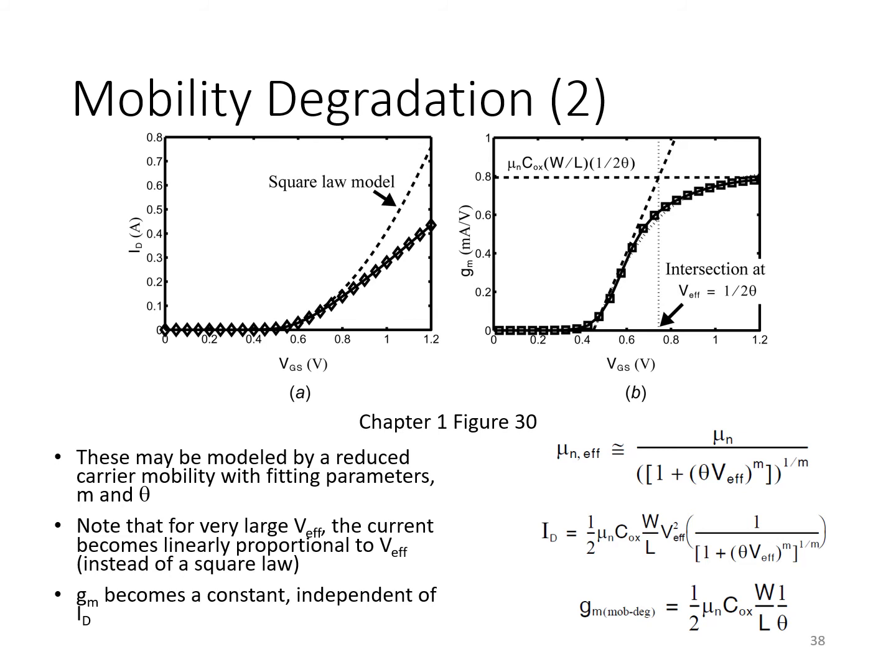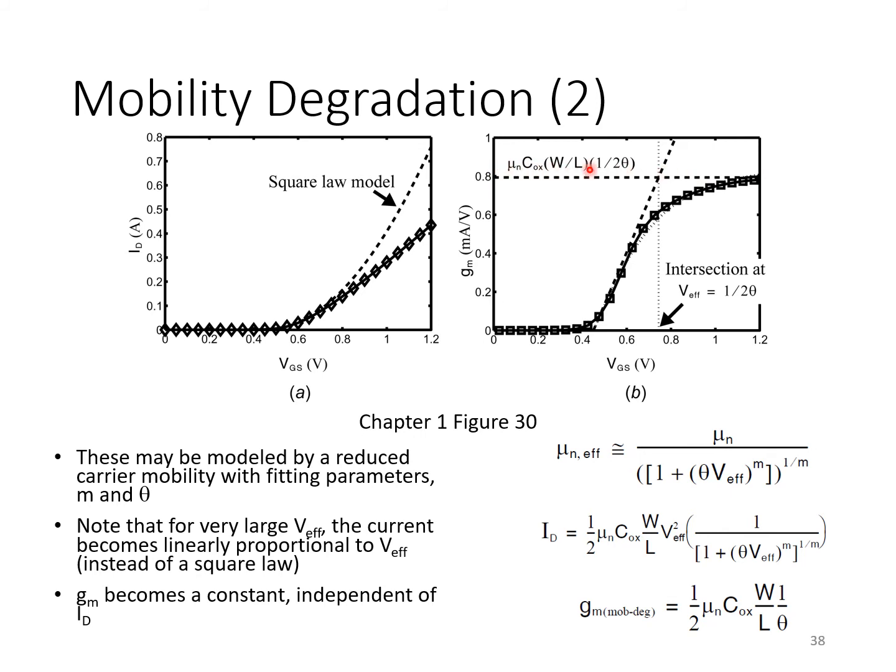A linear relationship implies, therefore, a constant slope or constant GM, and that is given by this expression here. So again, we can estimate the effective gate-source voltage at which this transition occurs, at which mobility degradation effects start dominating. We can estimate the V effective where that occurs by finding the intersection between these two curves.